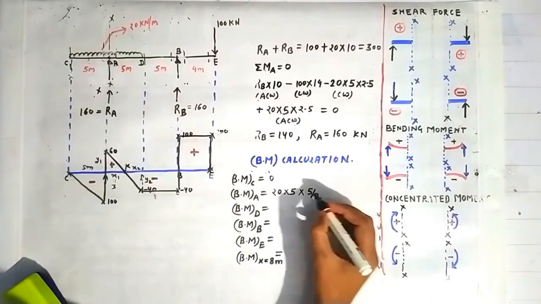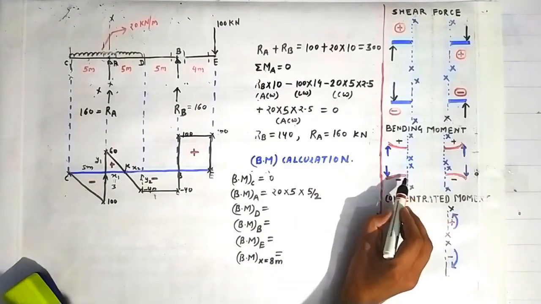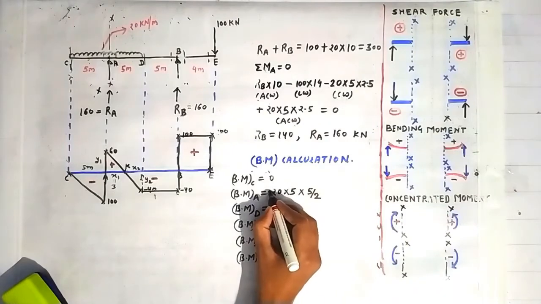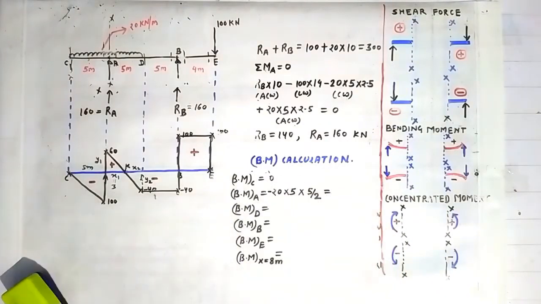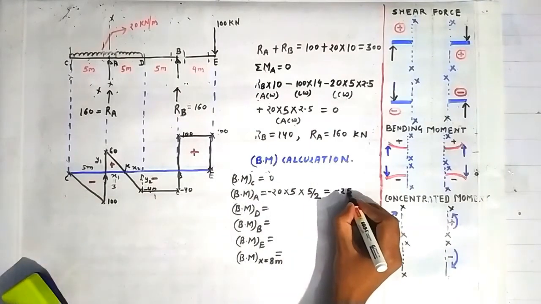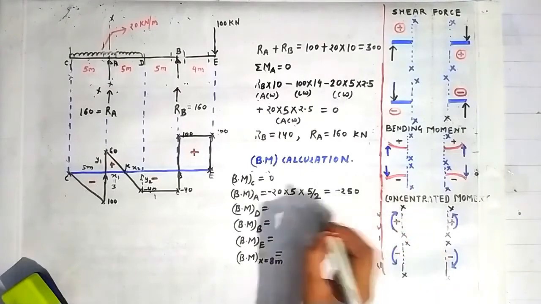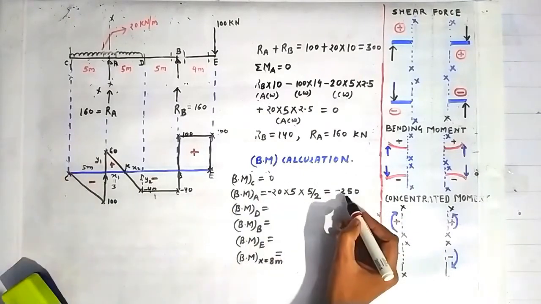It will cause a hogging bending moment by this sign convention. This gives us a bending moment of magnitude minus 250 kilonewton meter. The unit I am not writing, you should understand that this is kilonewton meter.